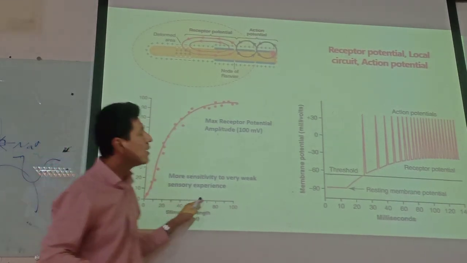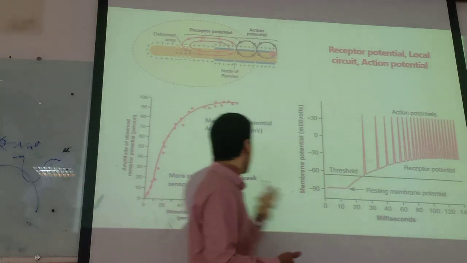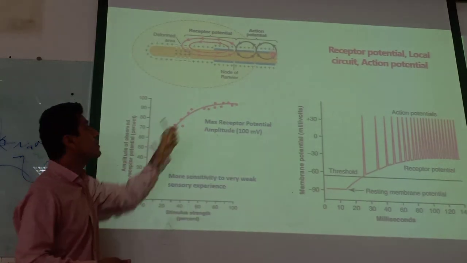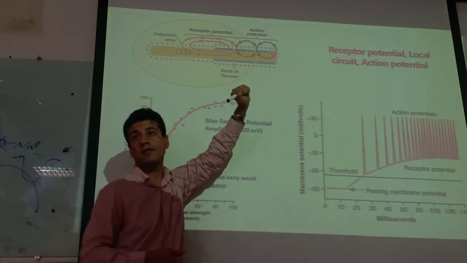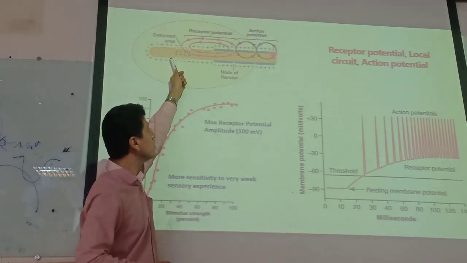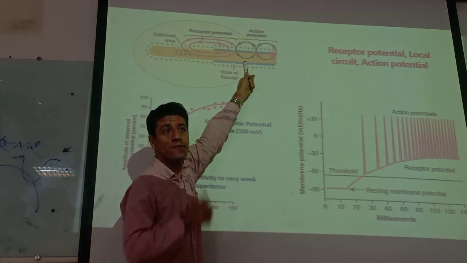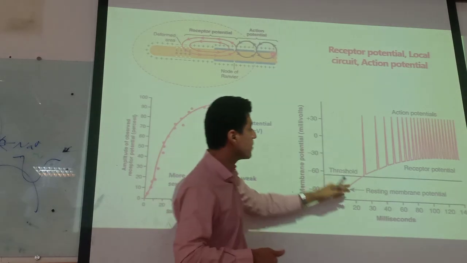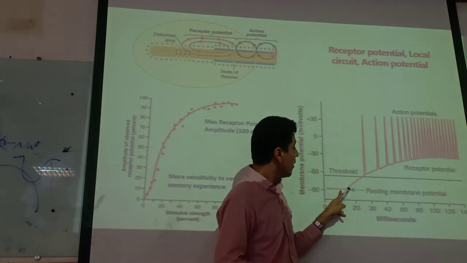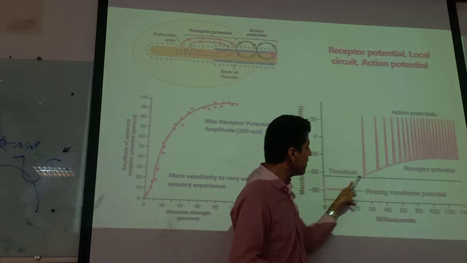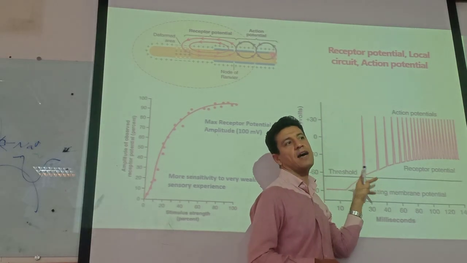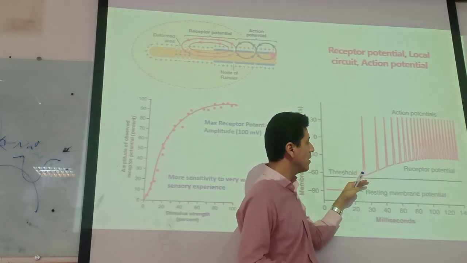Now, this cell wants to generate action potential at this point. Receptor potential goes toward the first node of Ranvier, right?